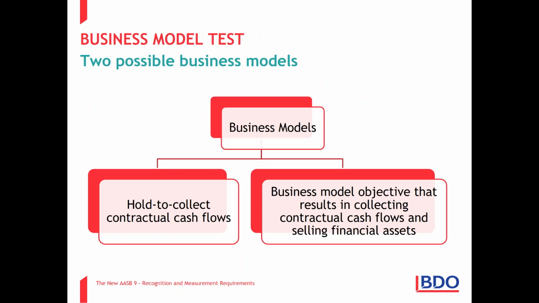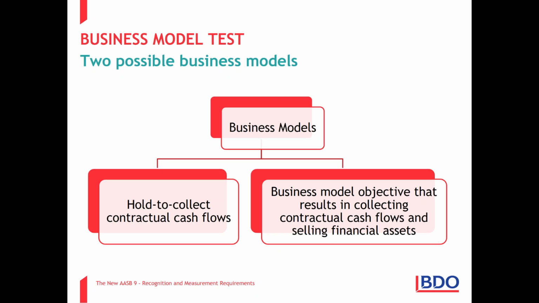If we move on to the business model test, remember, if you want to get to amortized cost, you want to say I've passed the SPPI test and I hold to collect contractual cash flows.